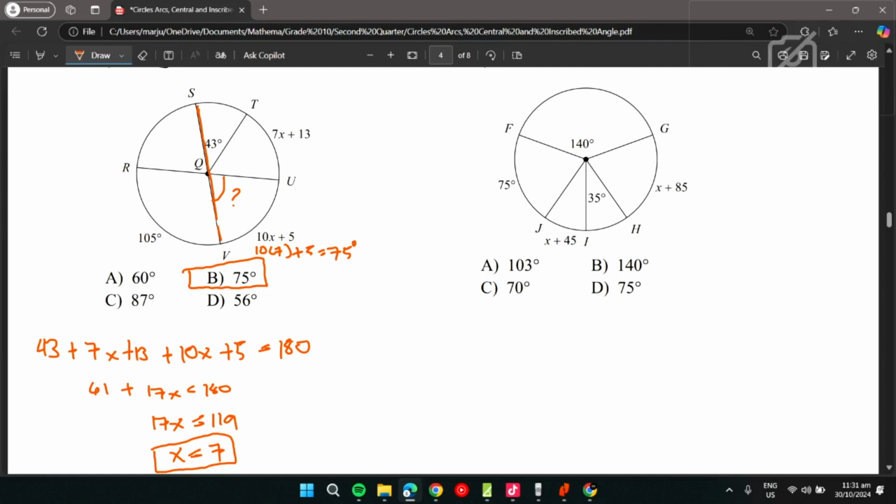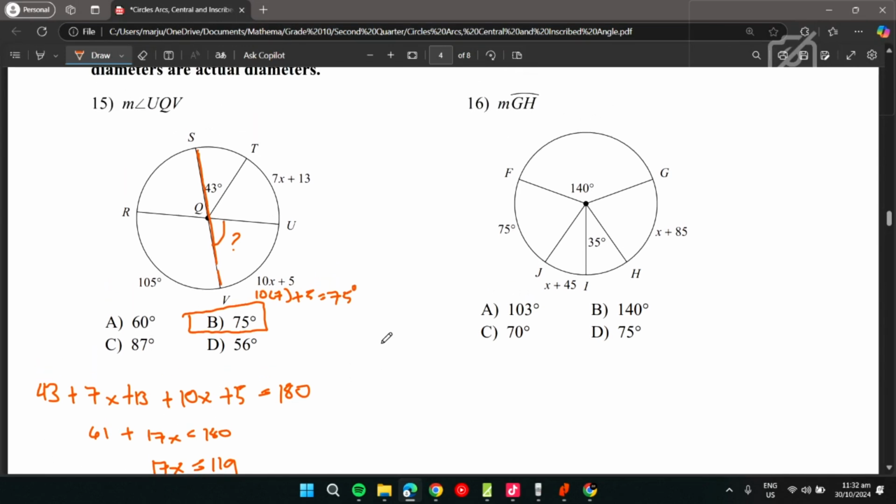Klaro ba yung ating solution? Alright. I take that one as a yes. Alright, let's proceed to number, anong number to? Number 16.